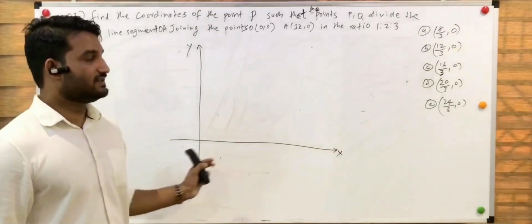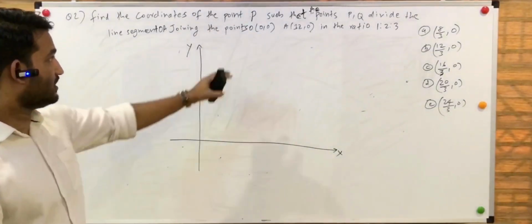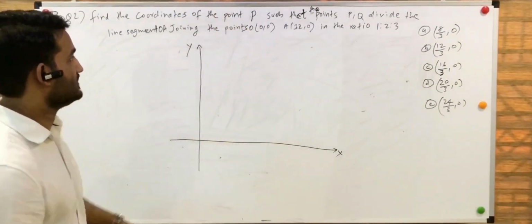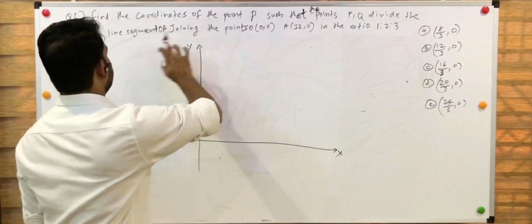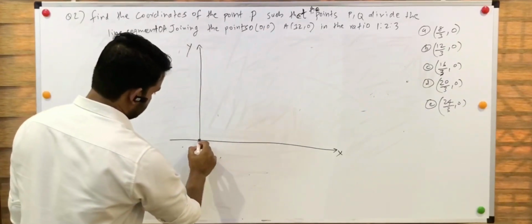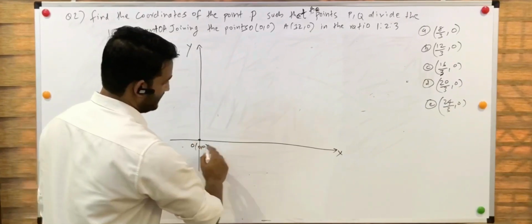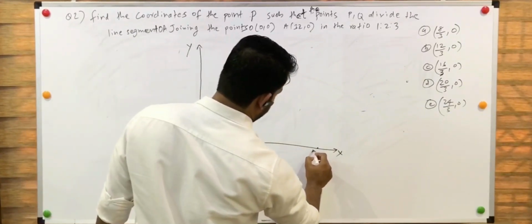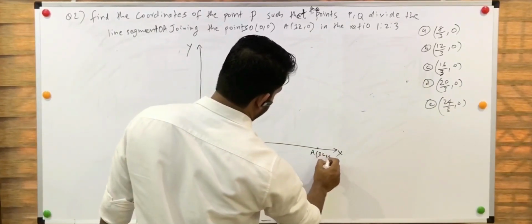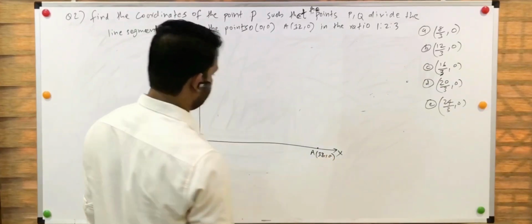This is the x-axis and y-axis. Now we can mark the given points of the line segment OA, which has end points at O equal to 0, 0 and A somewhere here at 3, 2, 0.